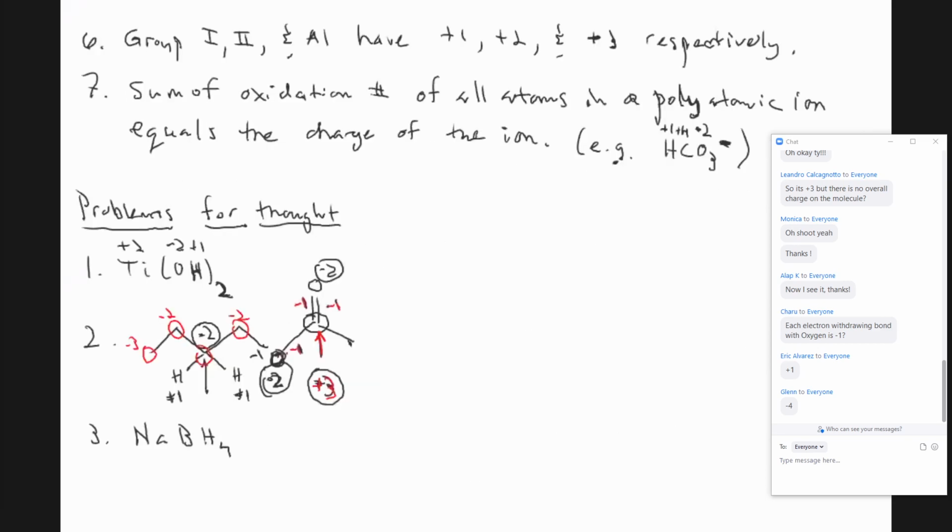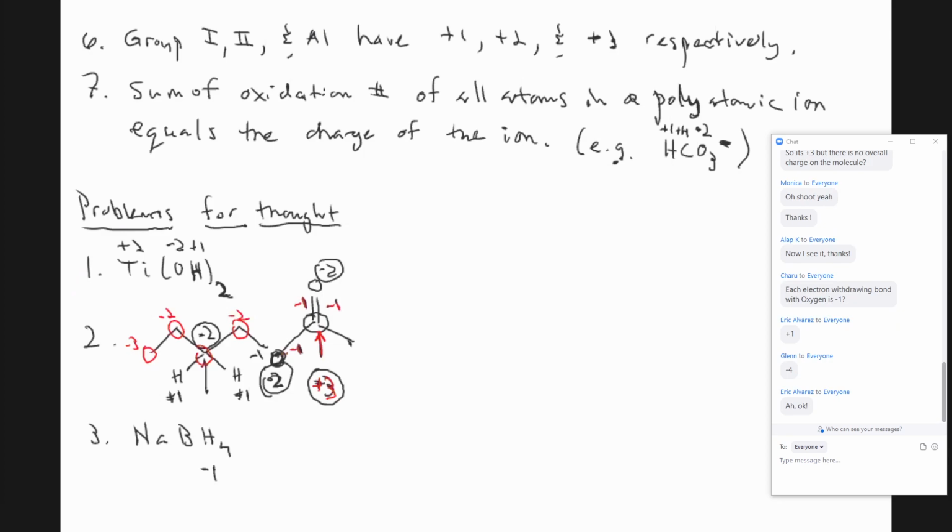So since there are 4 of them, it's going to be -4, but it's just a -1 each. What's sodium? Sodium is an alkali metal, so it's +1, right? Group 1 element. Good. So that makes boron what? Correct, +3. And all of these have to add up to whatever the charge is for that molecule. Since this sodium borohydride has no charge, boron has to be a +3 oxidation state. Cool?